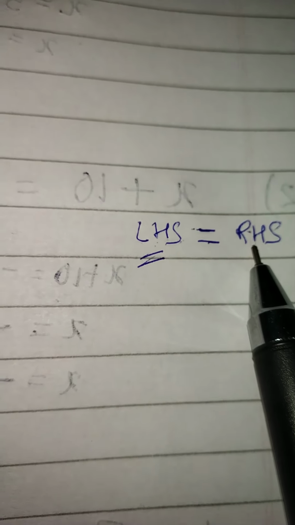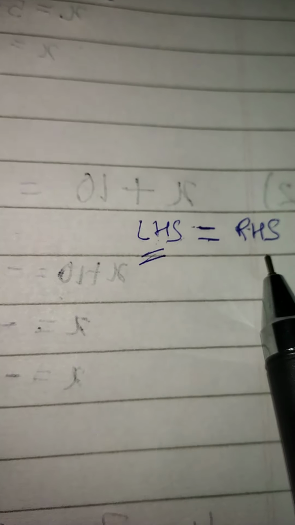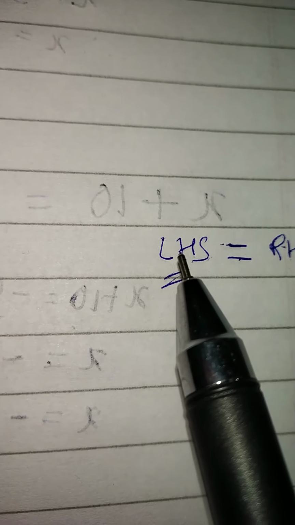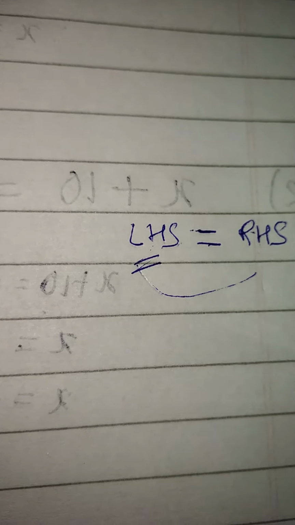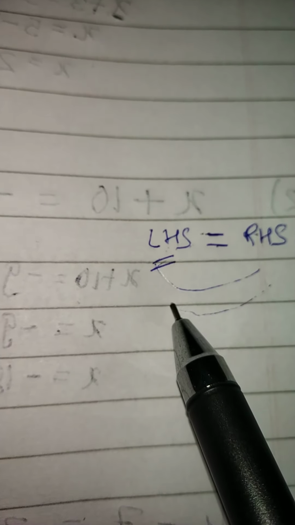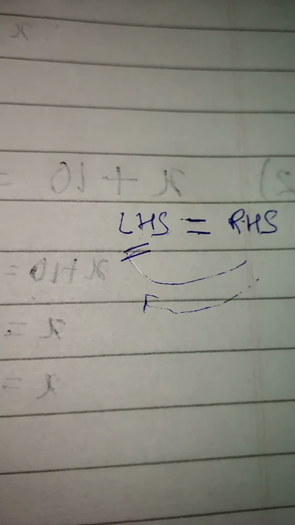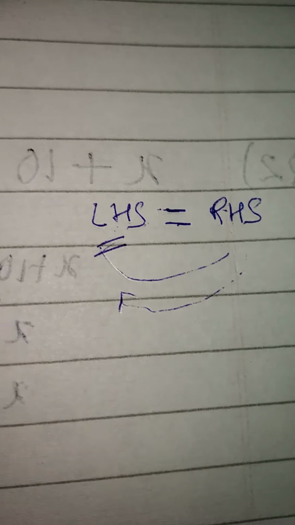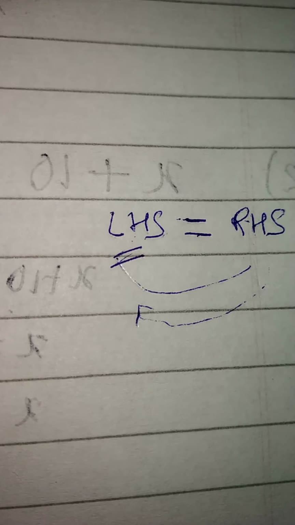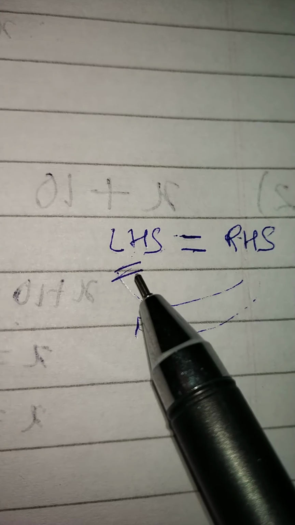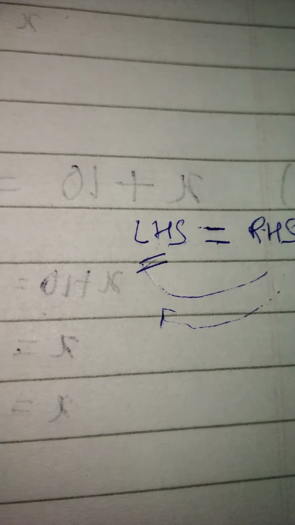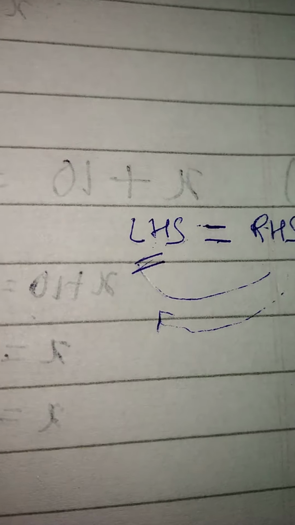So whenever we change the position of a number, if we are taking the number from the left hand side to the right hand side, or from the right hand side to the left hand side, see, it's not that we always take the number from left hand side to the right hand side. Sometimes we may take a number from the right hand side to the left hand side also. So in that case, we need to change the sign of the number.